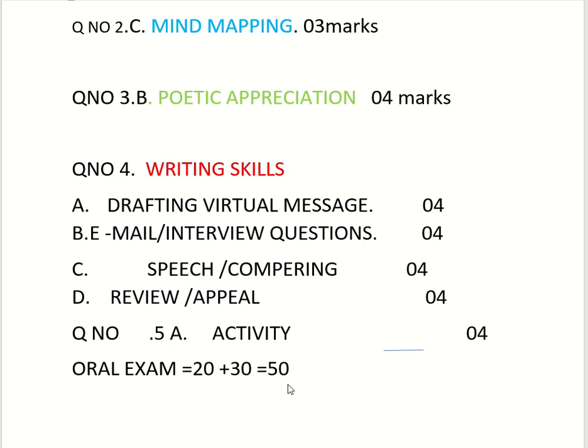If you are asked any question and you don't know the answer, request the concerned examiner or teacher, "Sir, madam, I don't know the answer of this question, but I know this." Let them feel that you can speak in English. Whether you speak grammatically correct or wrong doesn't matter, but speak something. So you'll get the marks. Show that you have confidence.